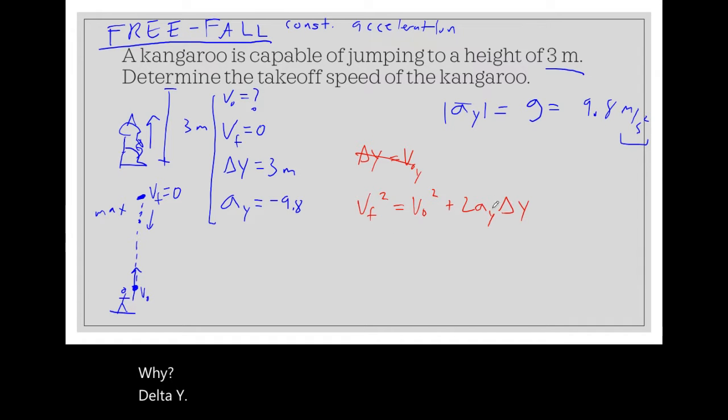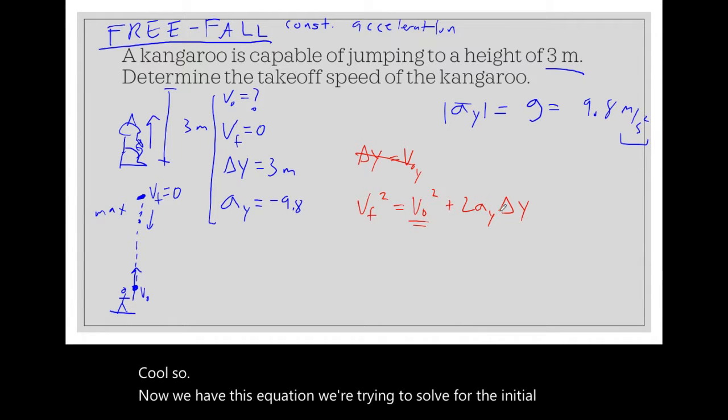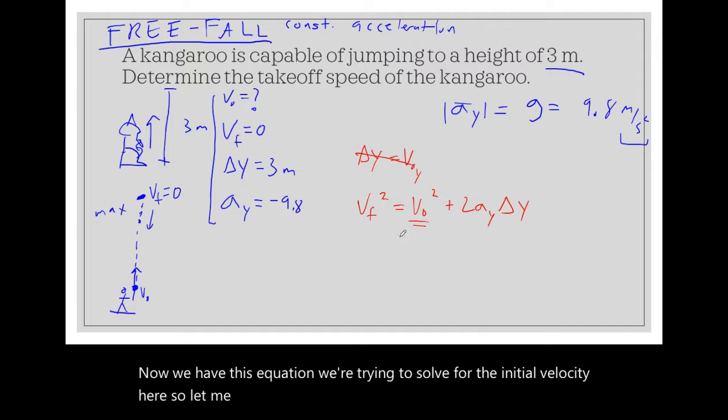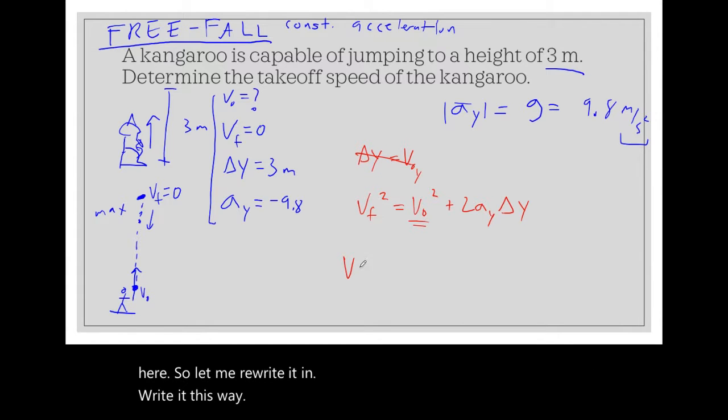Cool. So now we have this equation. We're trying to solve for the initial velocity here. So let me rewrite it this way. This is 0.